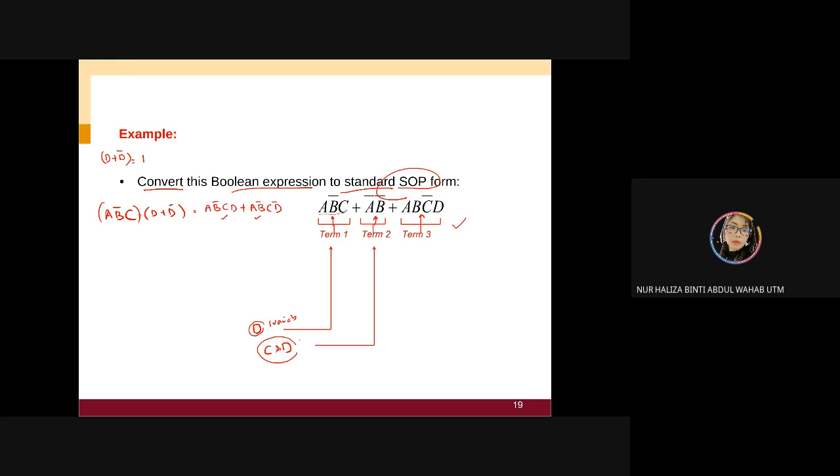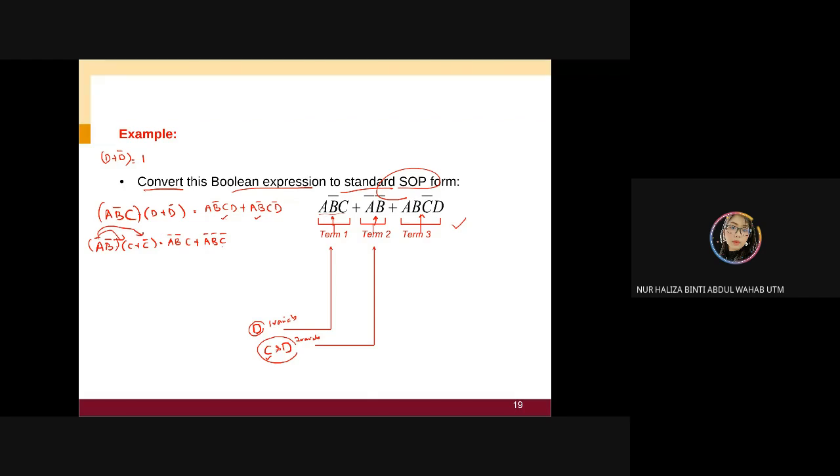Now I'm missing 2 variables from A bar B bar. First, I will do one at a time. I'm going to multiply with C plus C bar because I'm missing C. So I'm going to get A bar B bar C plus A bar B bar C bar.